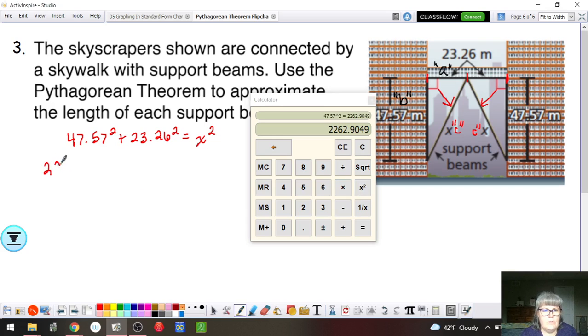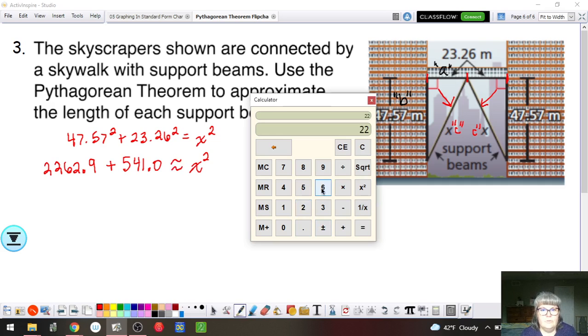So we have 2,262.9 added to 23.26 squared, approximately 541.0, and I'm including the 0 to show that I did round it to one decimal place, equals x squared, or actually because I rounded, I'm not going to say equals, I'm going to say approximately x squared.